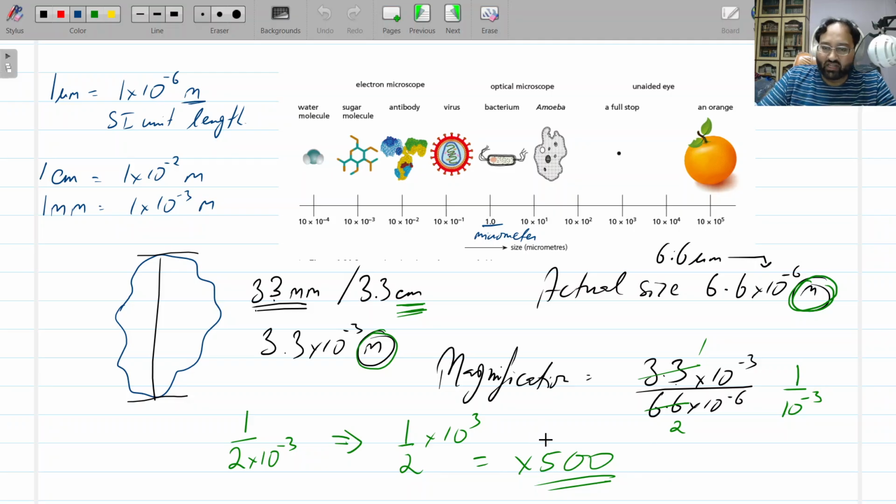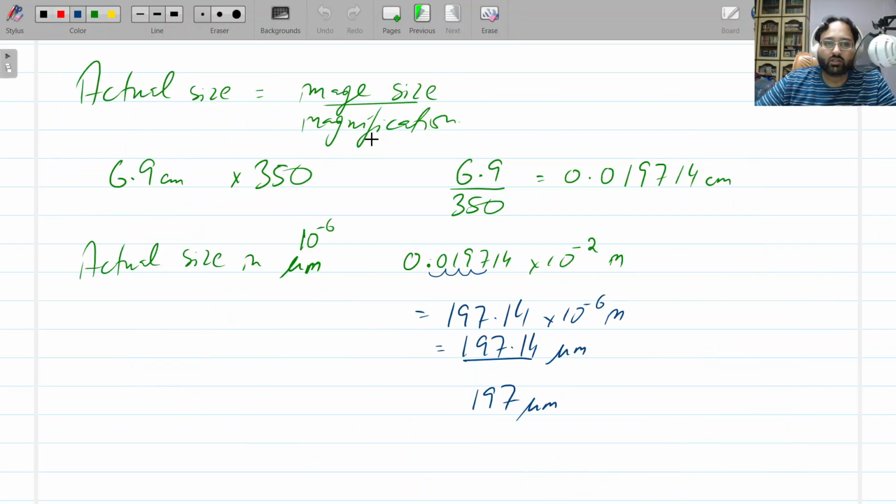Now, magnification is written as x and then a number. This basically means 500 times, so x350 means 350 times. There's no unit for magnification, keep that in mind. It's just a number. We put x to denote a multiple.